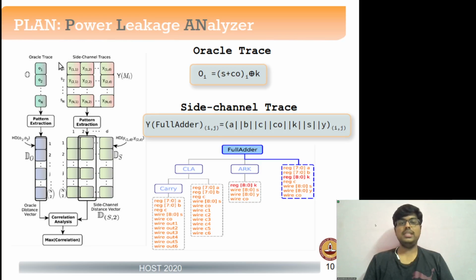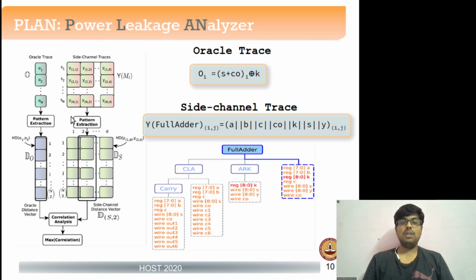Once the oracle trace and side channel matrix are ready, they undergo pattern extraction, in which Hamming distances between each pair of values are computed. For example, for n different oracle values, n choose 2 different oracle distance values will be computed, which we call the oracle distance vector.